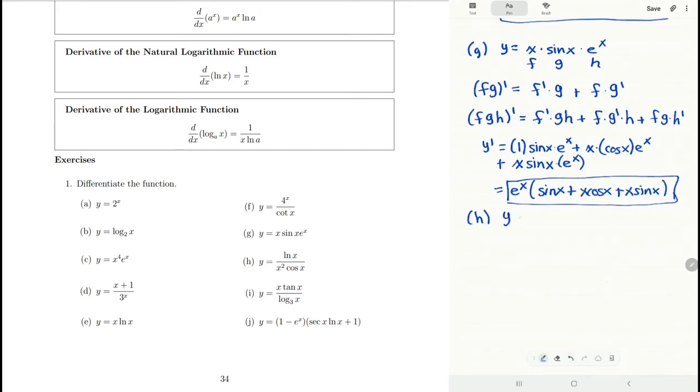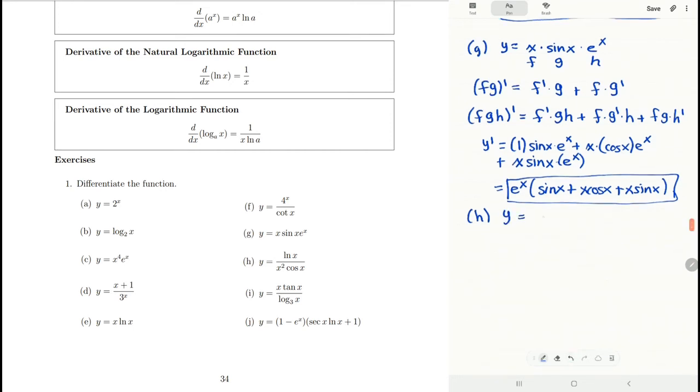In letter H, we have y equals the natural log of x divided by x squared times the cosine of x. So we have a quotient of functions. We also have multiplication in the denominator. And so for this function, we will need to apply the quotient rule.